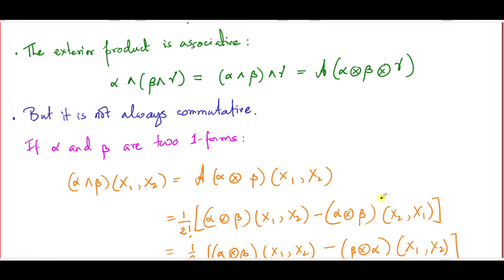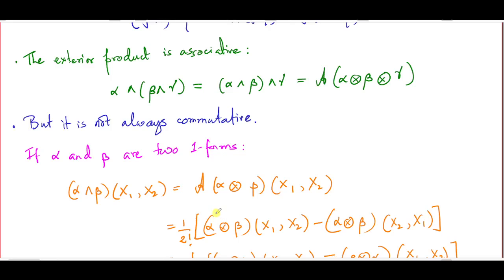In this case, there are only two permutations of two objects, x2 and x1, but this one will come with a minus sign. And of course, you have this 1 by k factorial, in this case 1 by 2 factorial outside. Now this expression, alpha tensor product with beta acting on x1, x2, is by definition alpha acting on x1 times beta acting on x2, the product of these two functions.